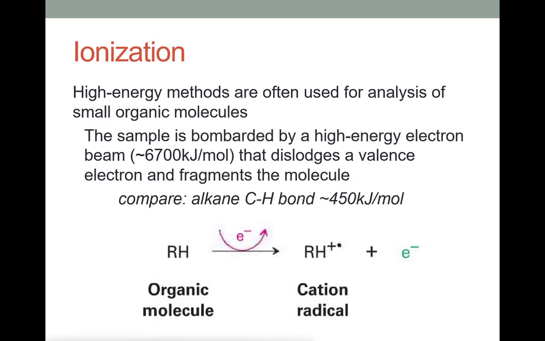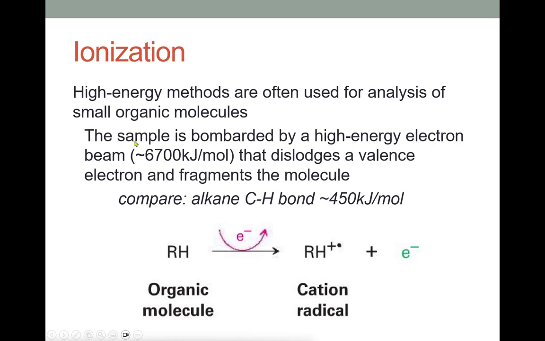The ionization step is critically important, and as I mentioned, we typically think about in organic using the EI and ESI methods. Those are fairly aggressive, high energy methods, and what we're doing here is bombarding the sample with a beam of electrons that has a really high energy.